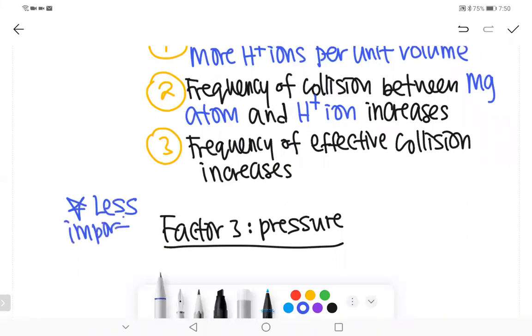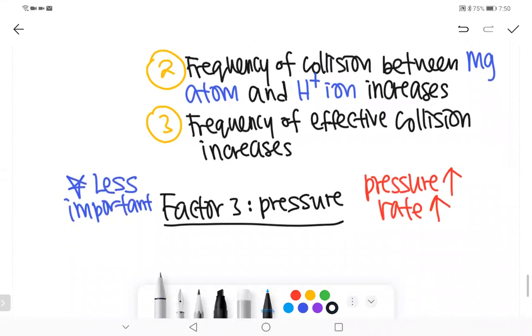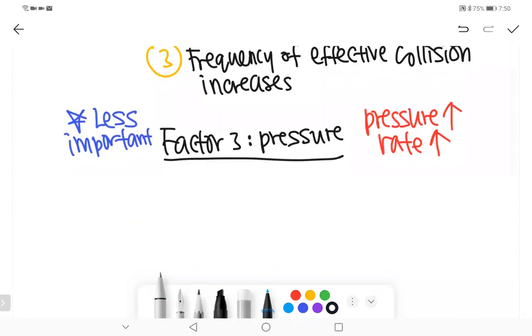So for pressure, what you need to know is this: when pressure increases, the rate will increase as well. So what is the logic and how does it work? You must relate pressure with one important thing from physics.